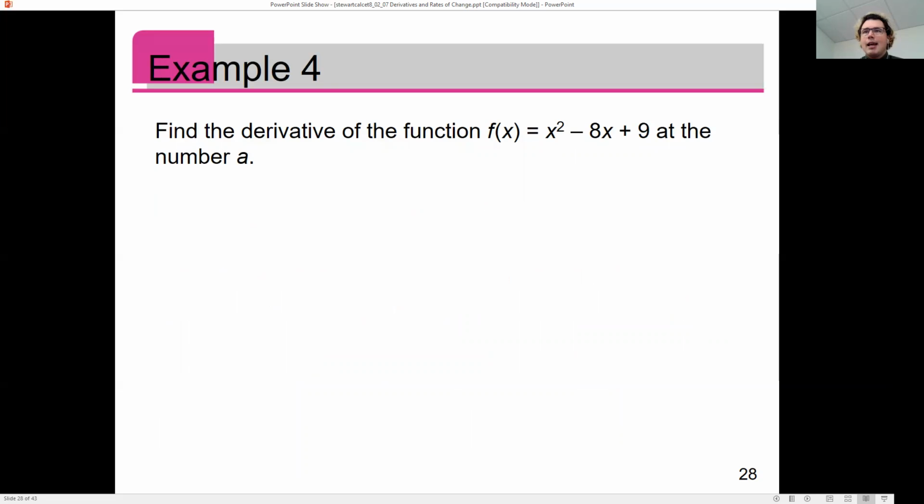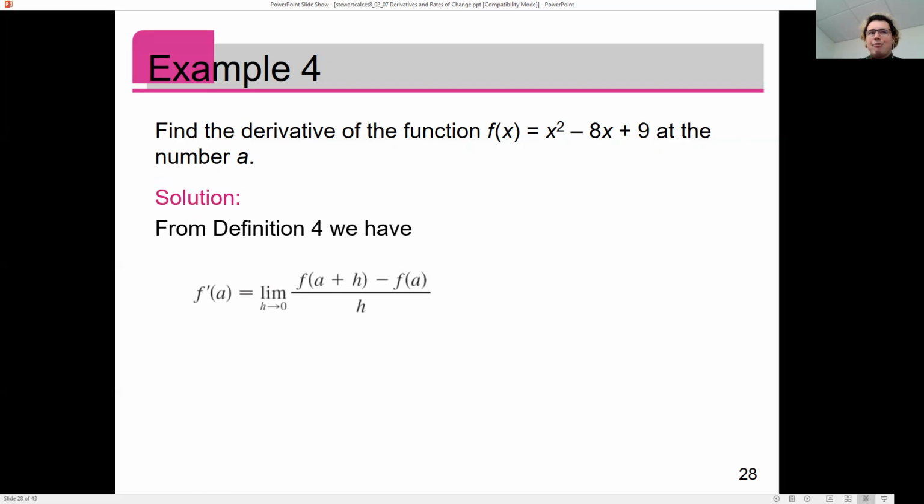So let's use this formula to calculate a derivative of a function. Here I have a nice quadratic function that, I know it's not a line, but I can still associate this idea of slope to every single point on the picture of my graph. So let's do the algebra work.